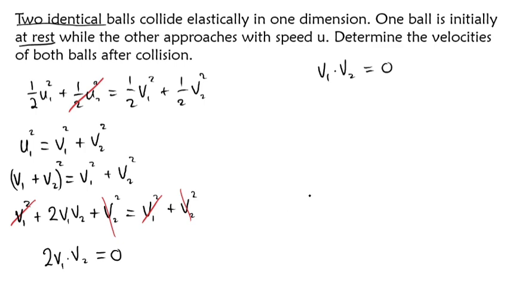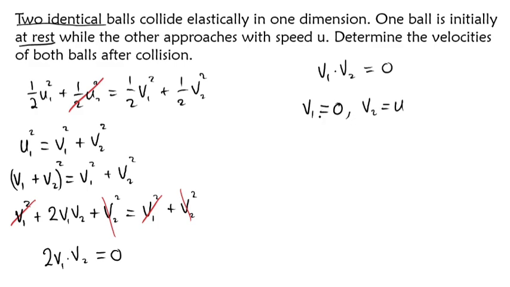Now, the idea here is, remember the initial velocity of the first object was u1. So one of the velocities in this case must be 0. So we can say v1 was moving towards v2. Then after the collision, they just swap the velocities, meaning that if v1 becomes 0, then v2 becomes u.